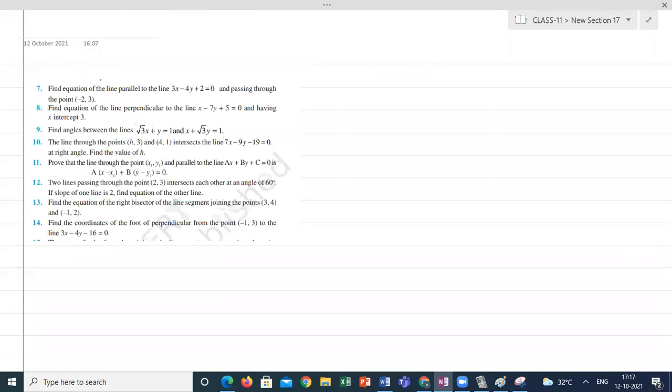Find the equation of the line parallel to the given line and passing through the point. Please write.